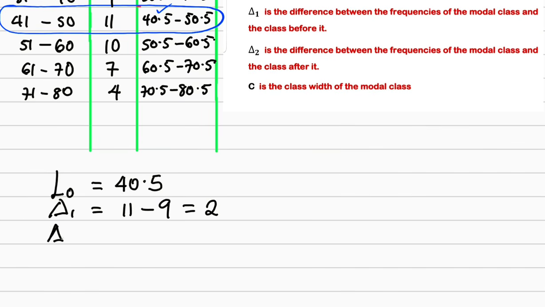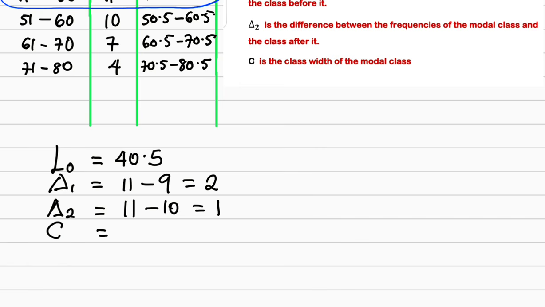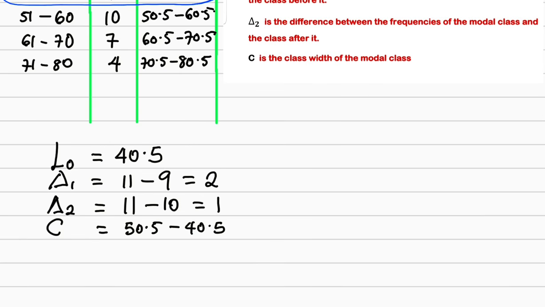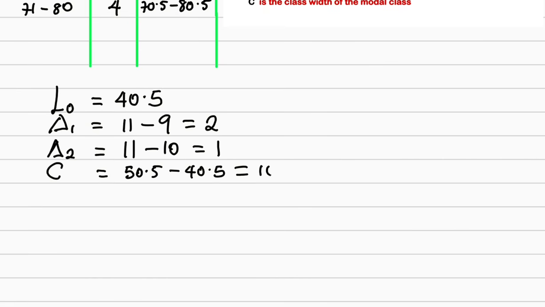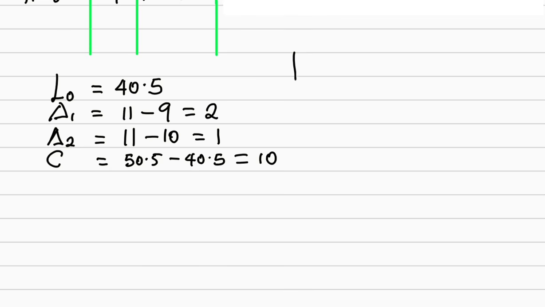Then delta 2 is the difference between the frequencies of the modal class and the class after it, which is 1. Then C, of course, I've explained in the previous question, is 50.5 minus 40.5, which is 10. So we can now move straight to get our mode.